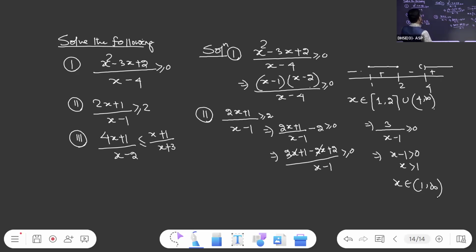Then come to question number 3. Quickly note it down. I will erase this part, create space.